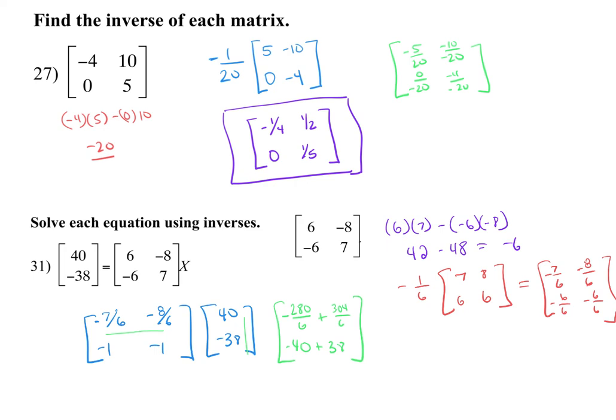Questions on that one? So when you're done here, you want to now add and subtract this, and then reduce it if possible, really, is what you want to do.